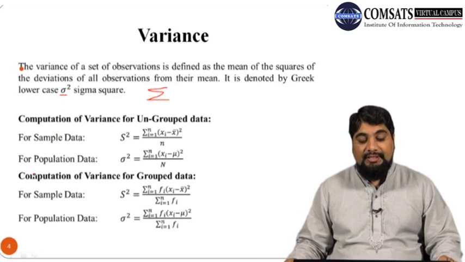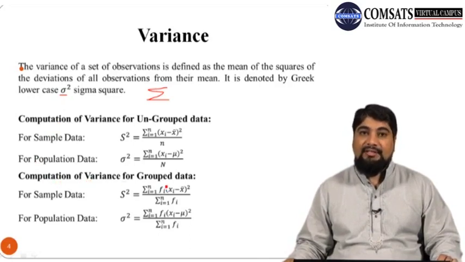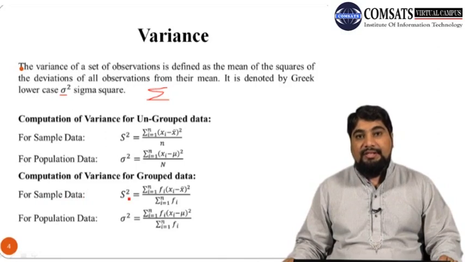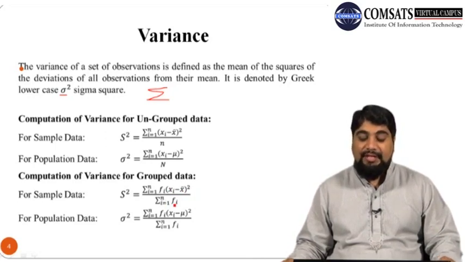Now let us discuss the formula for computing the variance for grouped data. For sample data, the variance for grouped data is defined as S squared equals summation of fi times (xi minus x bar) whole squared, divided by summation of fi, where i ranges from 1 to n.